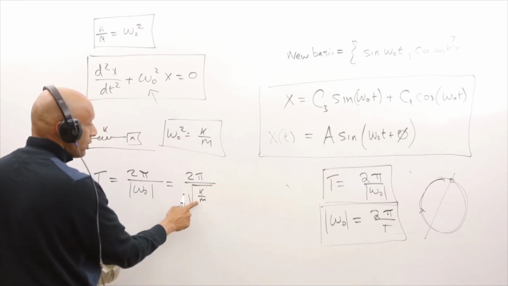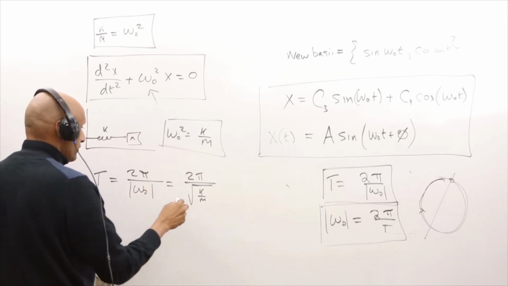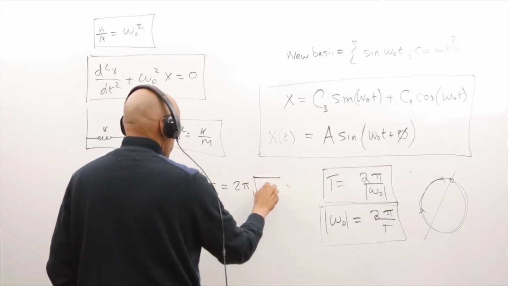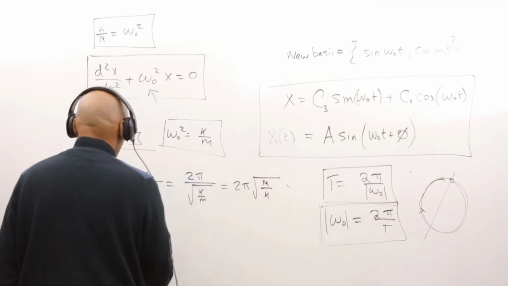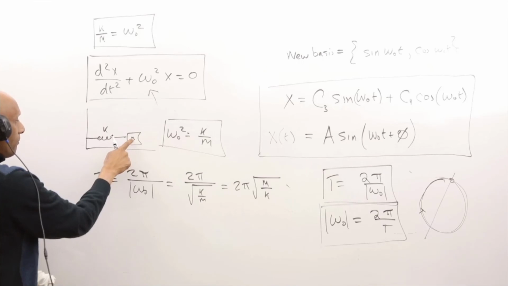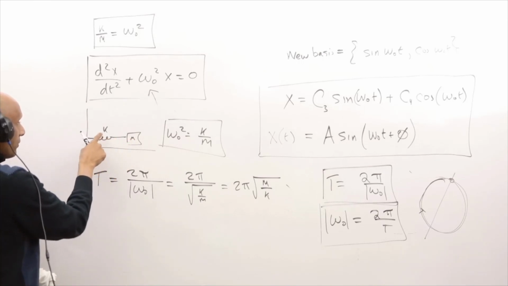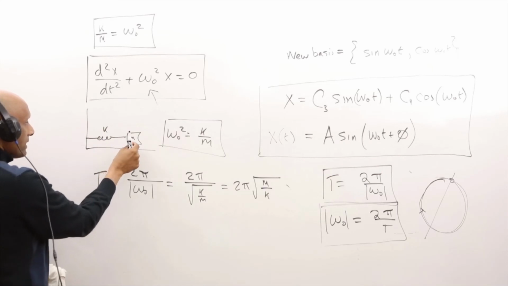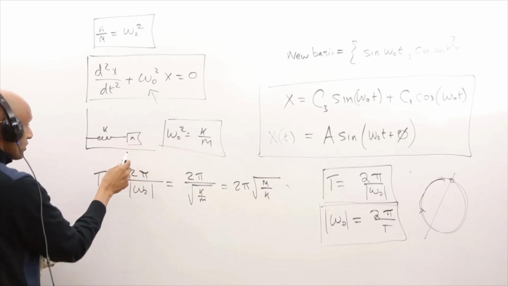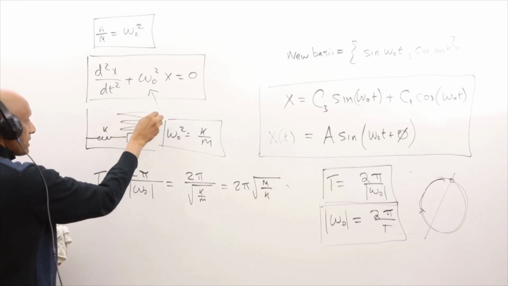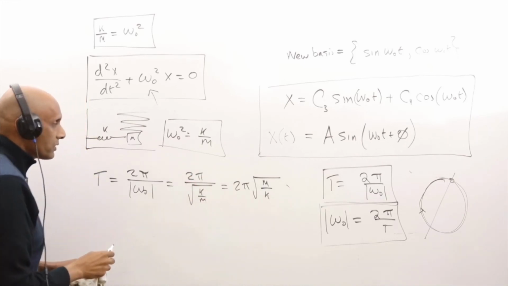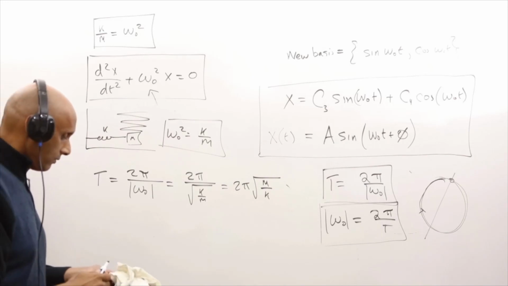The spring constant and the mass are already positive, so we don't have to worry about the sign over here. And so we're left with 2 pi times the square root of m over k. So given a simple system of a mass attached to a spring with a spring constant k, we're expecting that if I pull that mass lightly on a frictionless surface, I'm assuming a frictionless surface, this thing will oscillate. And the time period of this oscillation is given by T equal to 2 pi times the square root of the mass over the spring constant.